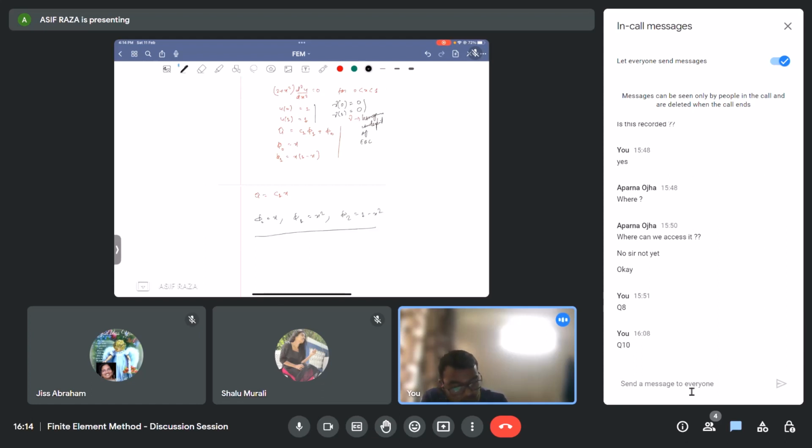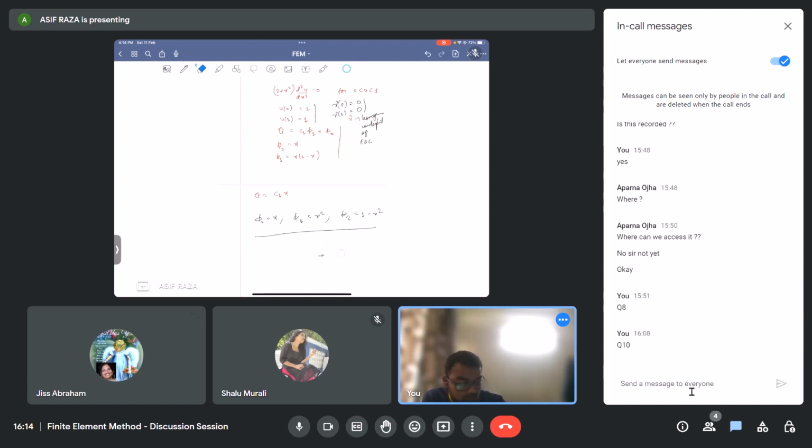That won't be the problem. It's just like that u bar is c1 phi 1, c2 phi 2, goes on to cn phi n plus phi naught. So these things will change accordingly.